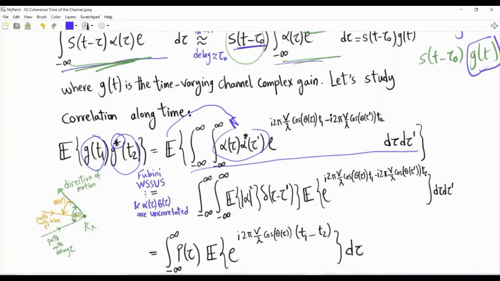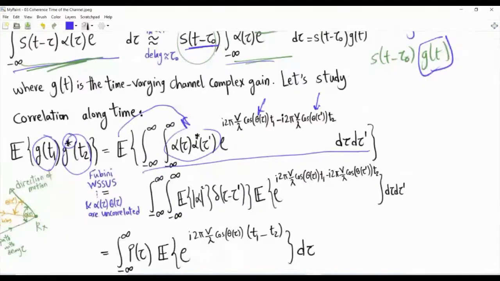But of course we need more than what we did previously, because now we have additional random variables. When we set v equal to 0, we only have alpha. But if v is generally not equal to 0, now we have other random variables, which are the thetas, the angles. Remember, this is the receiver, this is the path.